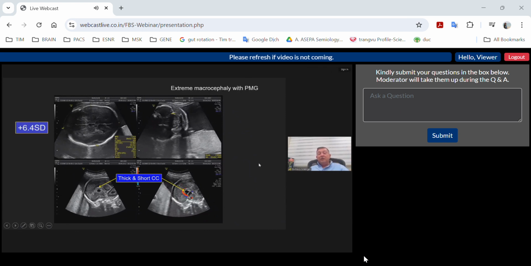And this is the most severe case, and here it comes to the lecture of polymicrogyria. This is a fetus that was presented to me when I was at a congress in Singapore. The head circumference was plus 6 standard deviations, with a very thick and short corpus callosum.